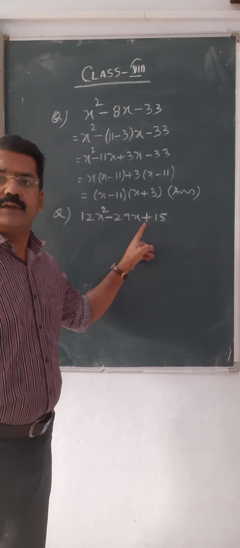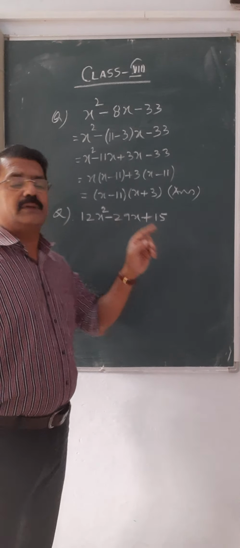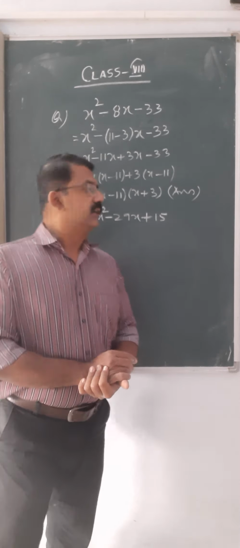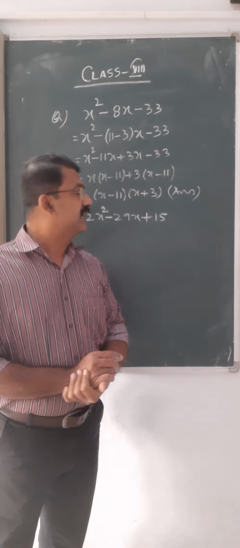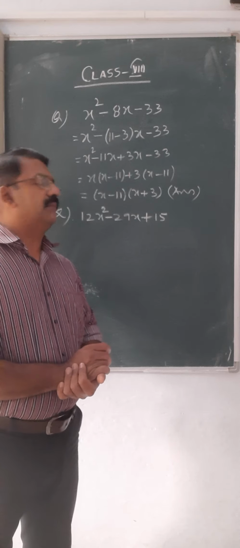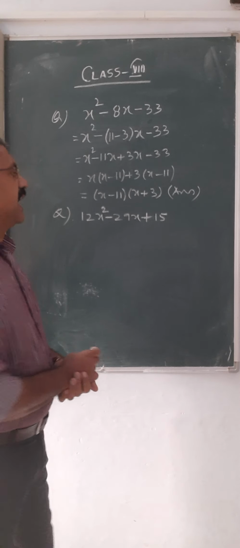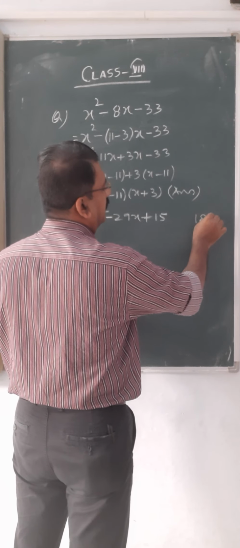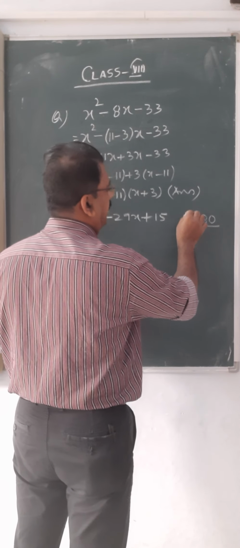As there is a positive sign over there, their sum must be 29 and their product must be 180. Now see, first you make the prime factors of 180.